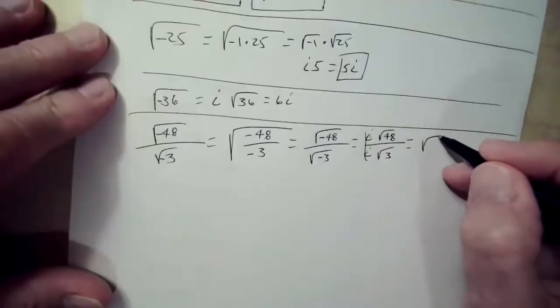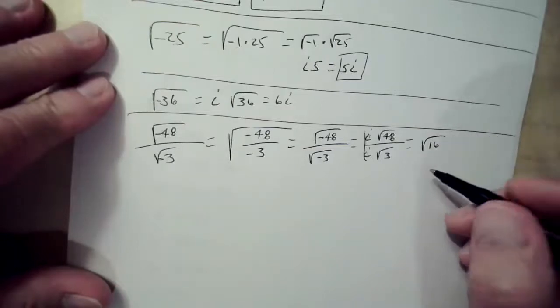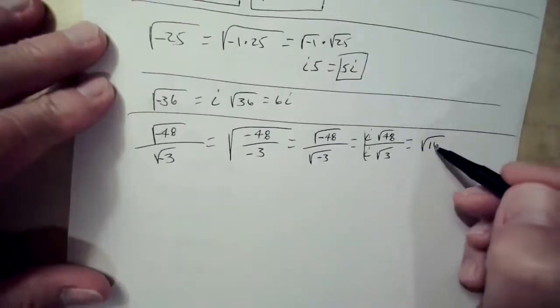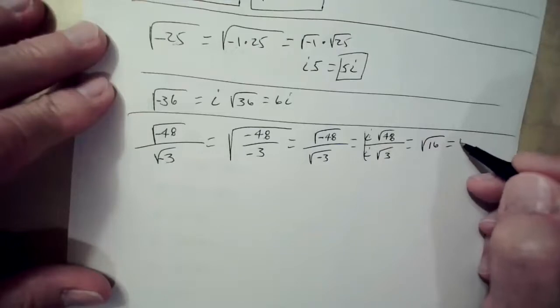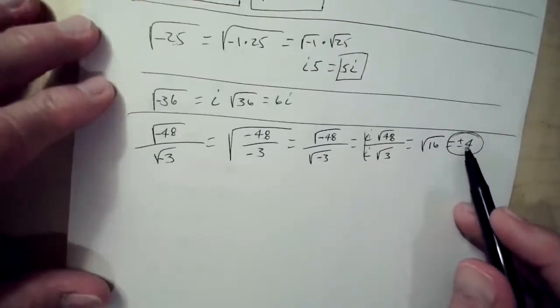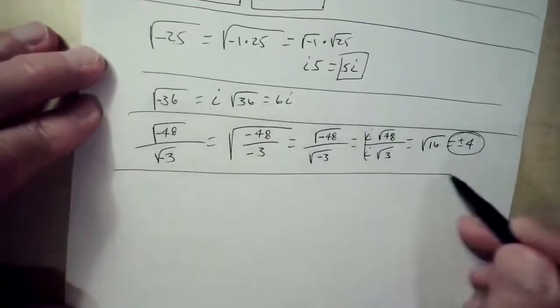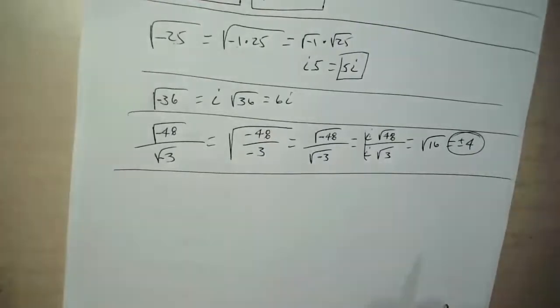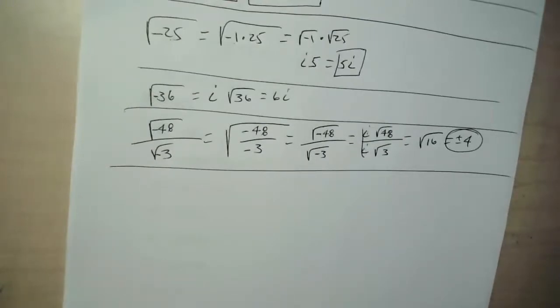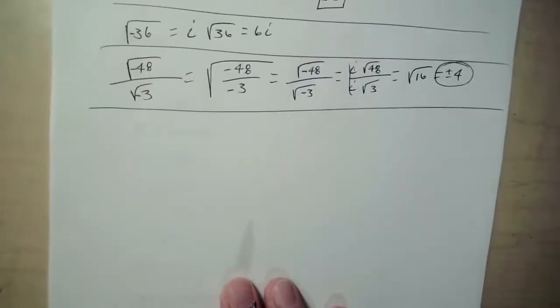And 48 divided by 3 is 16, so the square root of 16. So this equals plus or minus 4. I'm not going to be real wild about this plus or minus misery, but you are going to find somebody along the line, an instructor, who is going to be concerned about that.